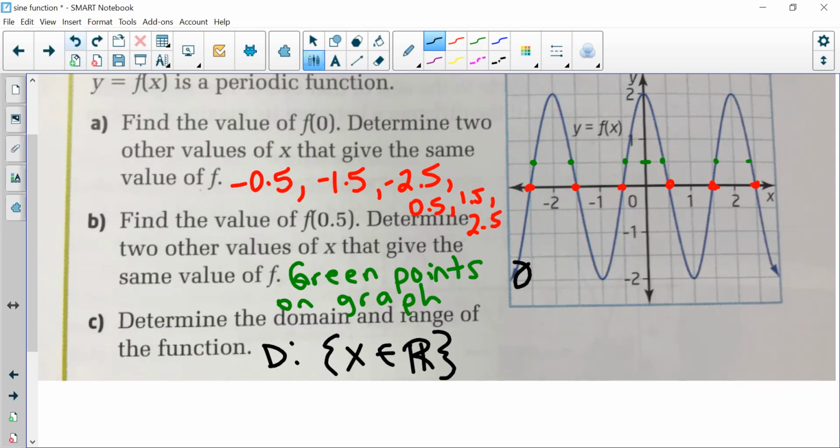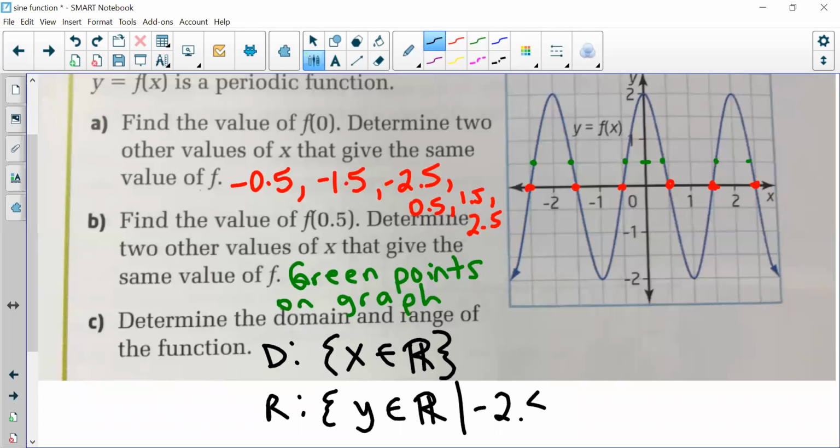How about the range? Y is greater than or equal to -2. Very good. Yep, that one. And then y is less than or equal to that one, +2. Perfect. Your arrows always point to the left.